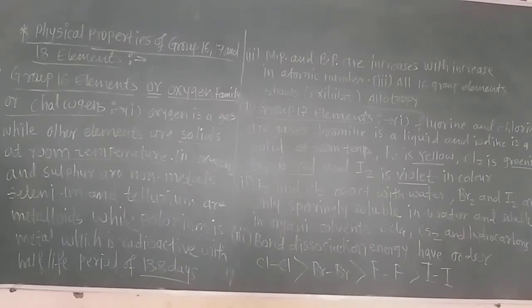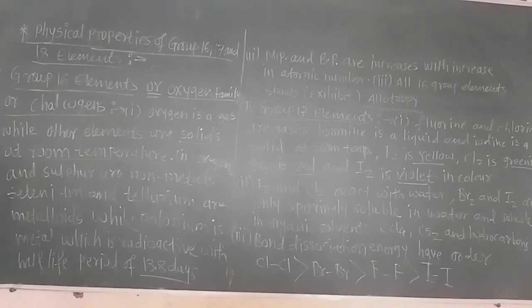And the bond dissociation energy has this order: chlorine bond dissociation energy is greater than bromine, and after that there is fluorine, and very little bond dissociation energy is required to break the iodine bond between the two atoms, because the atomic size increases.